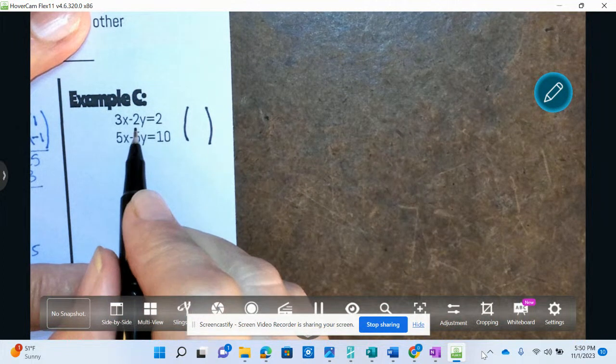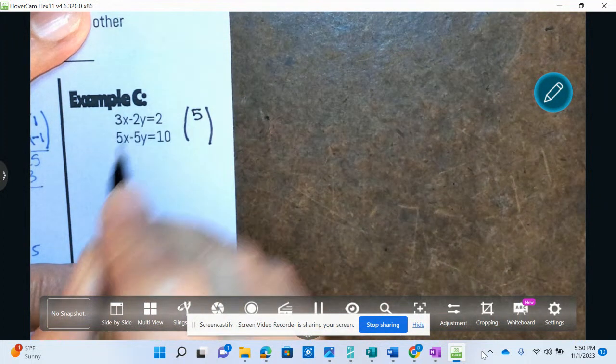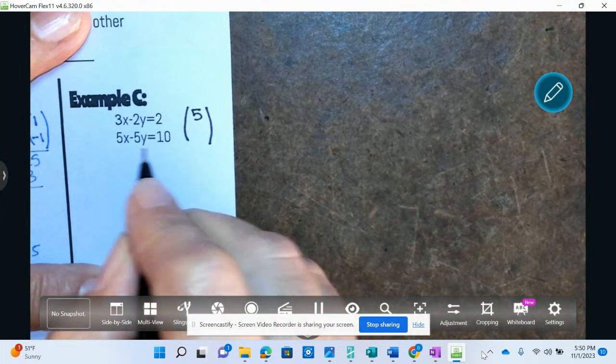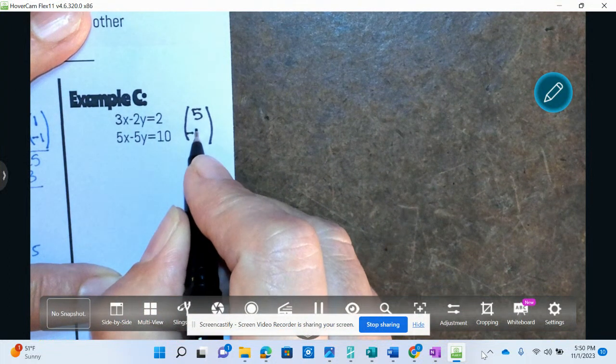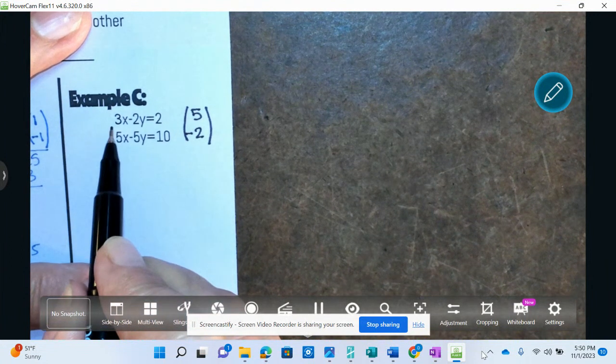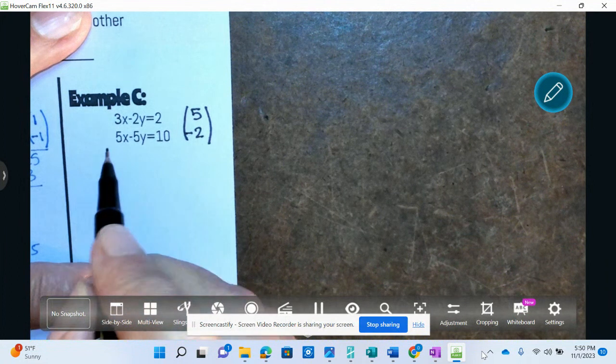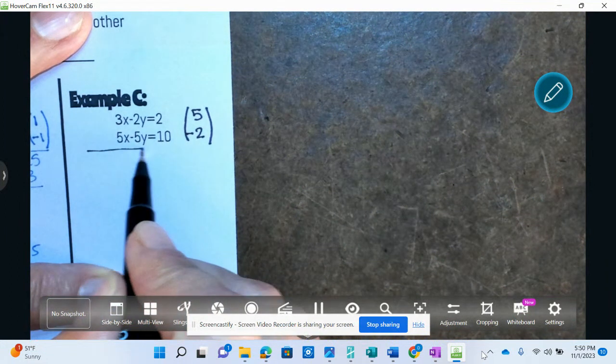So if I multiply this first equation by a positive 5, that'll give me a negative 10 here. If I multiply the second equation by a negative 2, that'll make my y term a positive 10. Notice that I'm just multiplying this first equation by the coefficient of the second and vice versa.